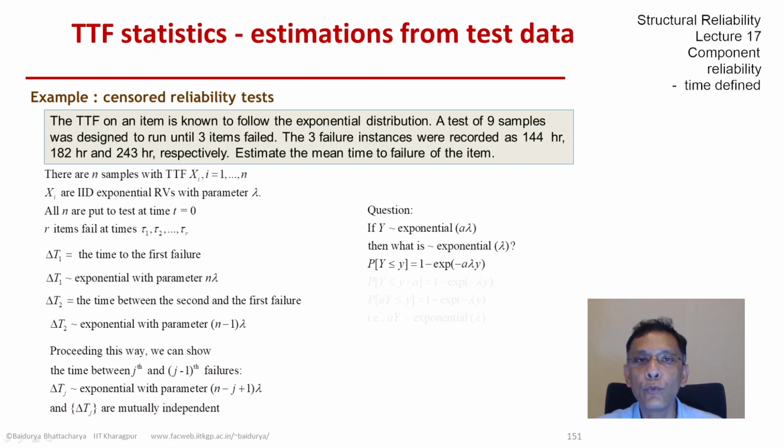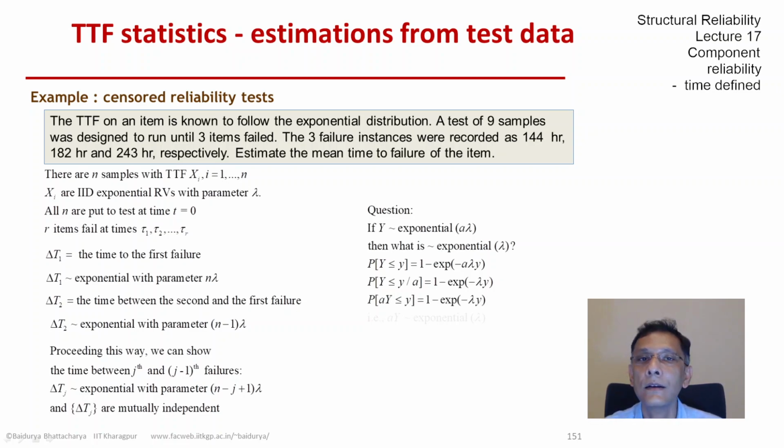If Y is exponential with parameter a lambda, then the CDF is 1 minus exponential of minus a lambda times y. So if we were to divide y by a, then the right hand side becomes 1 minus exponential minus lambda y.